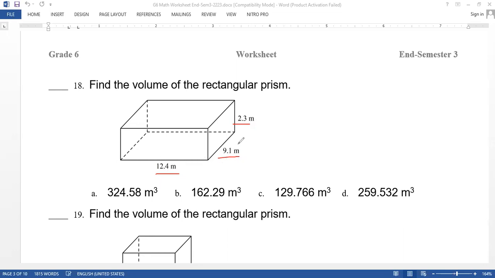Here, first let me multiply. As you know, the volume is length multiply width multiply height. The length is 12.4, the width is 9.1. I multiply as if there are no decimal points.